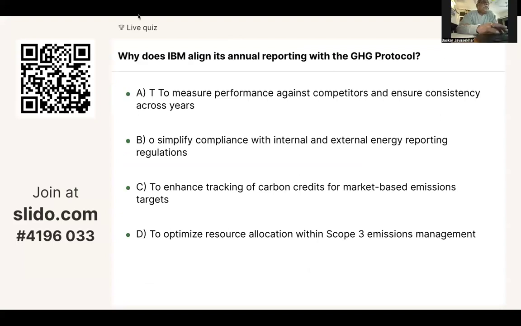Why does IBM align its annual reporting with the GHG protocol? Measure performance against competitors to ensure consistency across years. To enhance tracking.